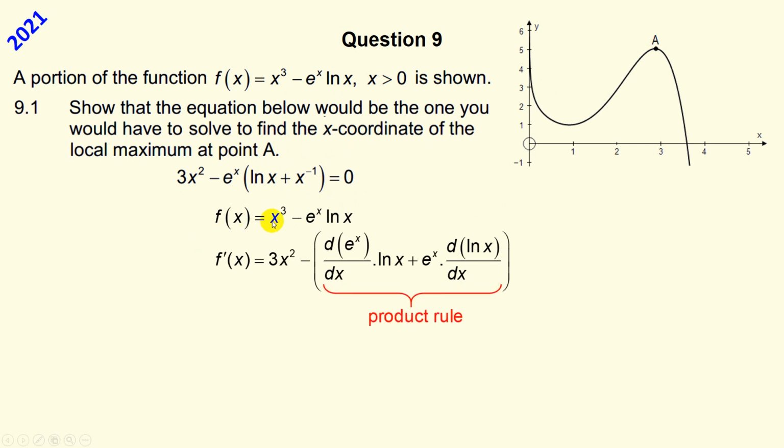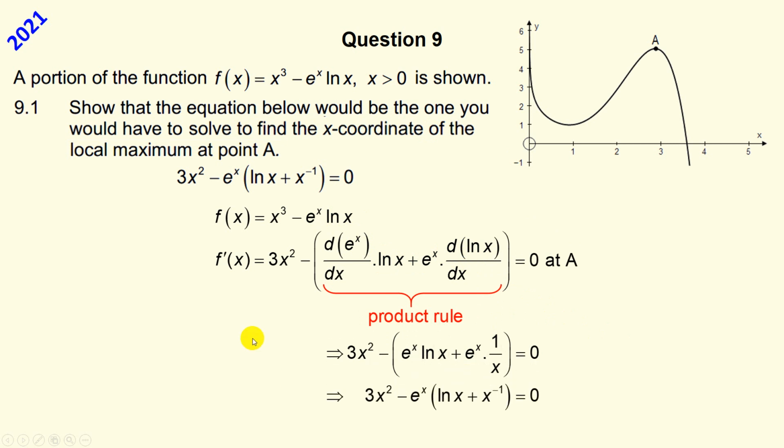We use product rule: 3x squared minus, and then it's the derivative of the first times the second plus the first times the derivative of the second. And it's equal to 0 at A. So therefore, e to the x ln x plus e to the x times 1 over x. We take out our e to the x and we have what we're told to show.